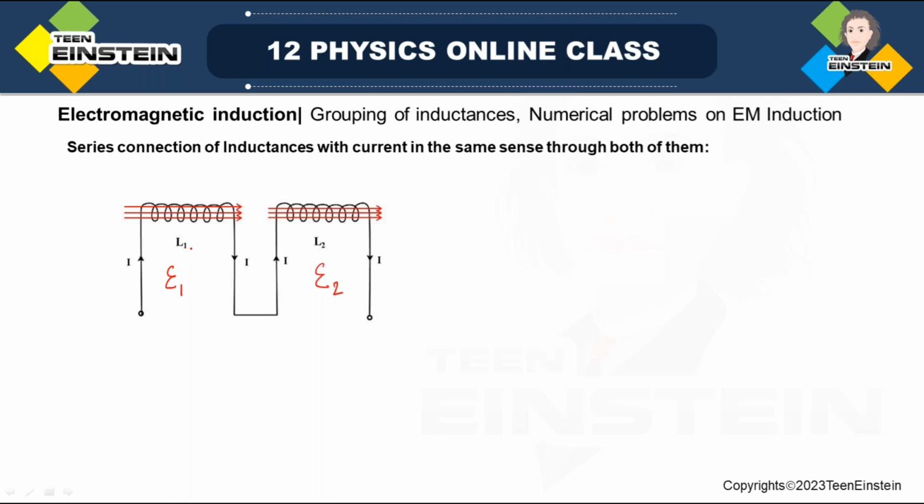L1 is different from L2. The potential or EMF up to this point is E1, and up to this will be E2. Both are producing induced EMFs E1 and E2.